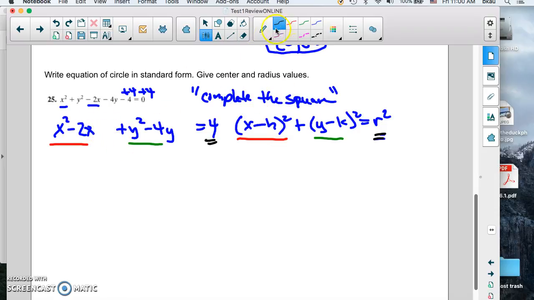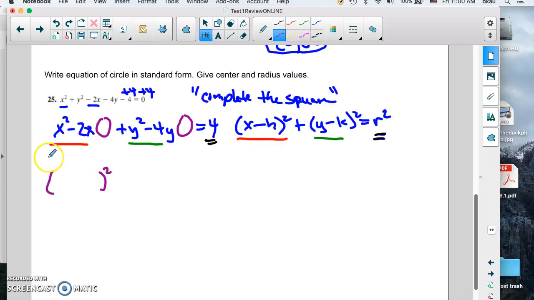Now, the process of completing the square is coming up with a number. I left some spaces here. I need a number here and a number here that's going to make this something squared: x minus some value squared, or x plus some value squared. In this case, it's going to be minus because these are minus values here. If they were plus, they would be a plus value.